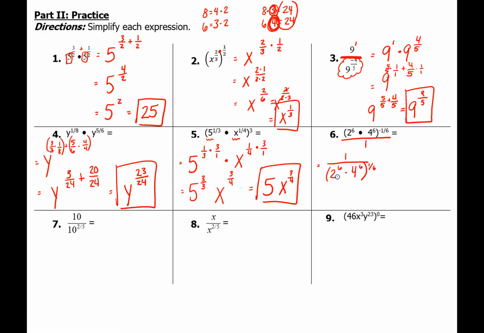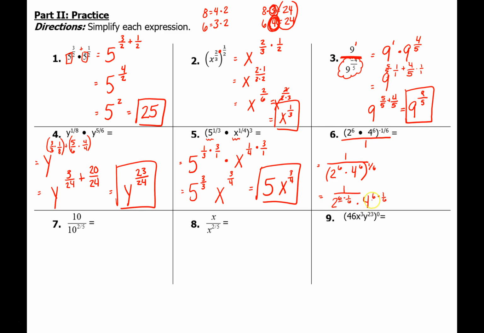And then, because these bases are not the same right now, I'm going to deal with that distribution power, that 1/6. So I'm going to distribute it, which means I've got 2 to the 6th times 1/6, and I've got 4 to the 6th times 1/6.